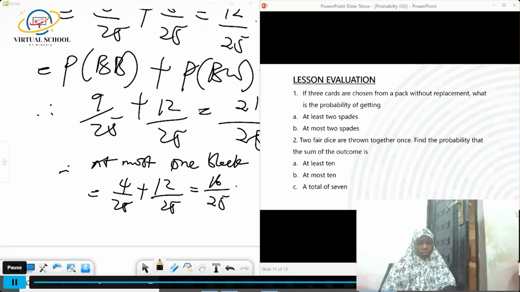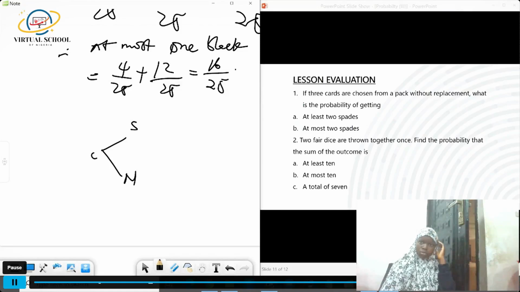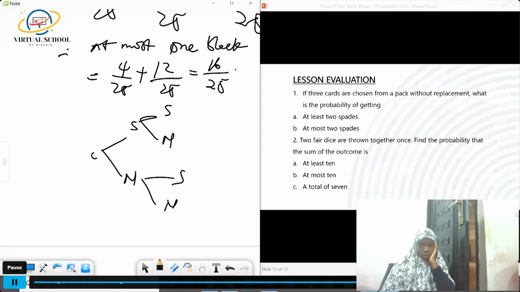So, meaning if you are picking at least 2 spades with your tree diagram, for example, you have the card already, the spade. Since we are dealing with spades now, we term the other one non-spade. So either spade or non-spade. This one contains the rest of the cards.